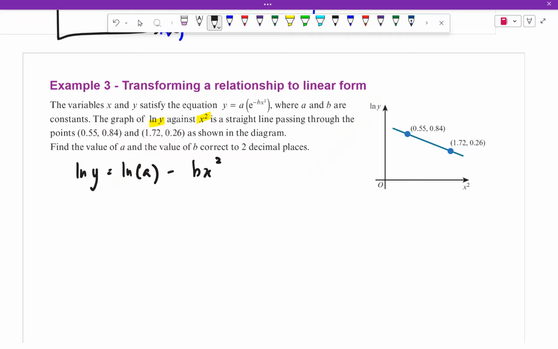Right. So, how can I solve this question? We have 2 points, so we can solve the gradient. So we can use 0.84 minus 0.26 over 0.55 minus 1.72, which is the same as negative 0.50.